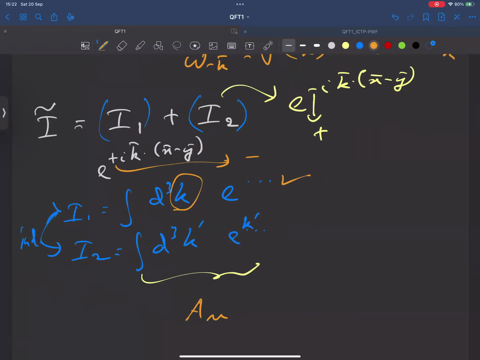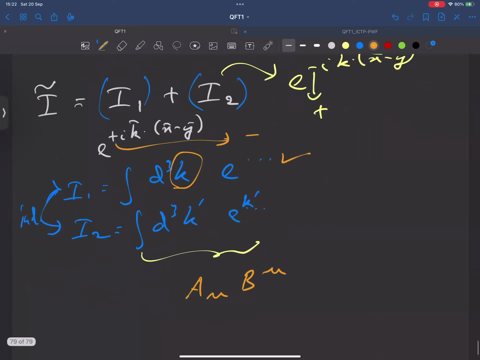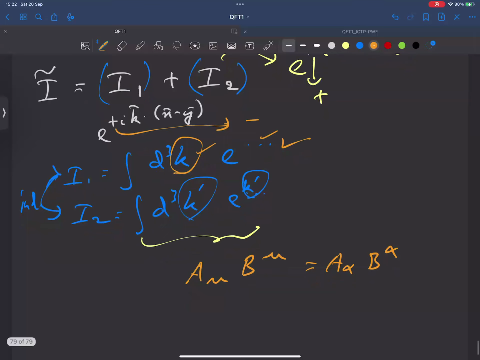In other words, if you write a mu b mu, you can call it a alpha b alpha, which is essentially saying that you can integrate over k prime in the second integral and k in the first integral. So k is independent of k prime. You can do that. But the trick is to independently only relabel one of them, not two. And hence they cancel. So I hope that's clear. So that's why you get a big zero for the integral.